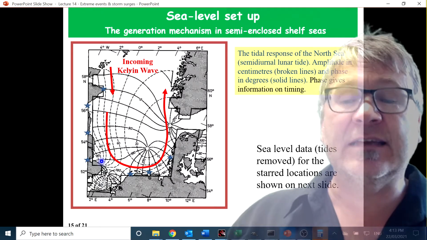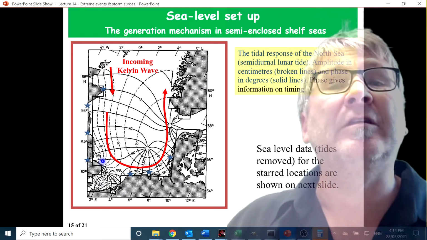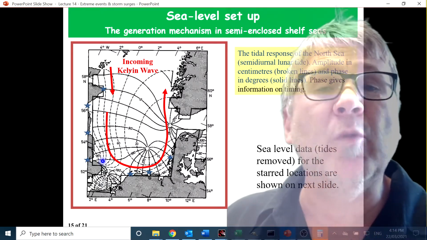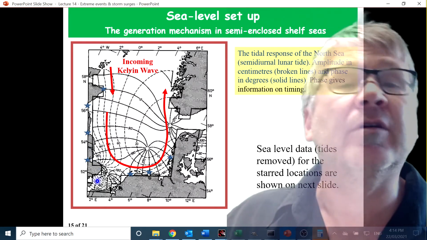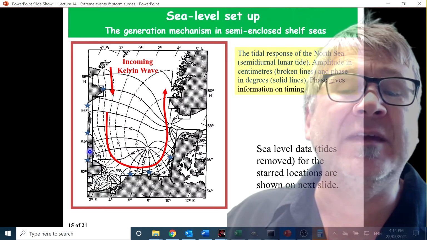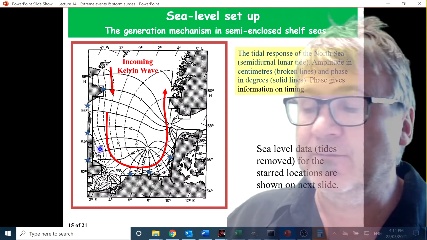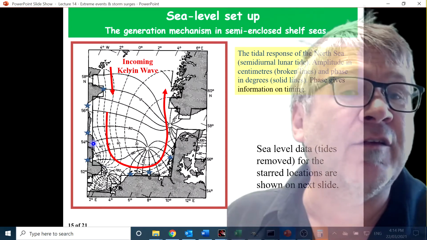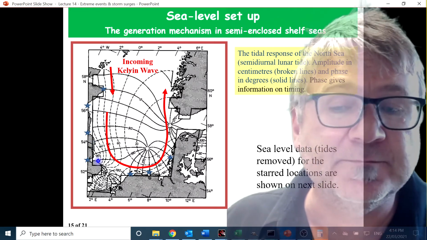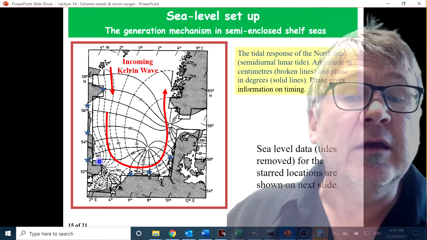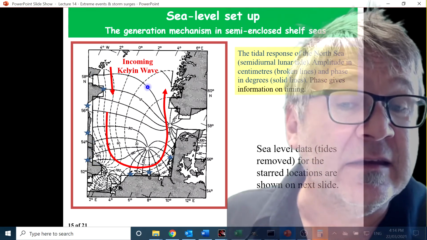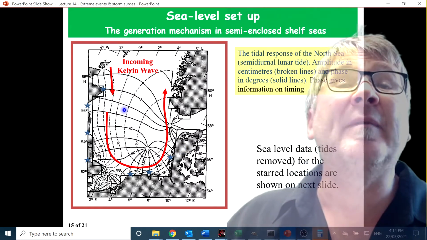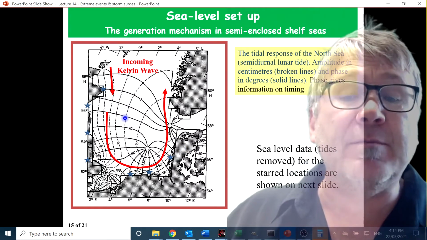180 centimeters, 1.8 meters, and amplitude is half the wave height. So in this area, you get almost a 4-meter sea level change, okay, on a regular basis. Okay, the high tide is 4 meters higher than the low tide. Okay. The other lines, the solid lines here, are information on the phase, on the timing.